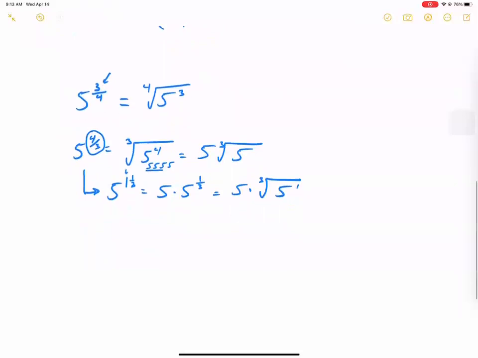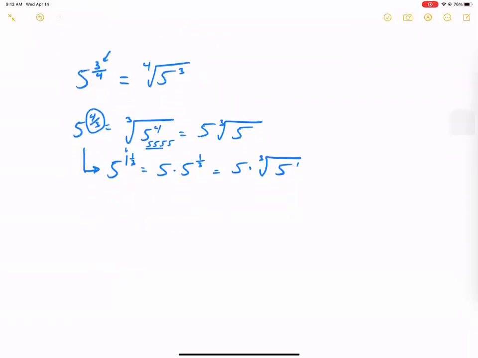Okay. If I give you guys, let's do 9x cubed all to the 1/2 power. This is the same as the square root of 9x cubed. Why? Because this 2 refers to that square root here.